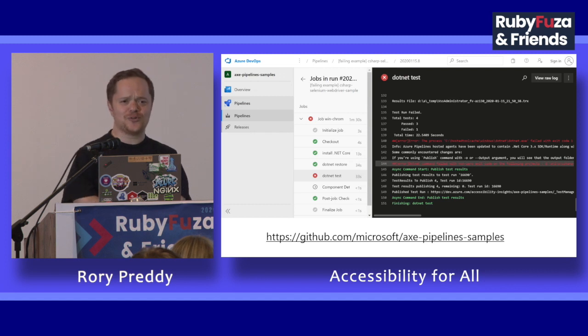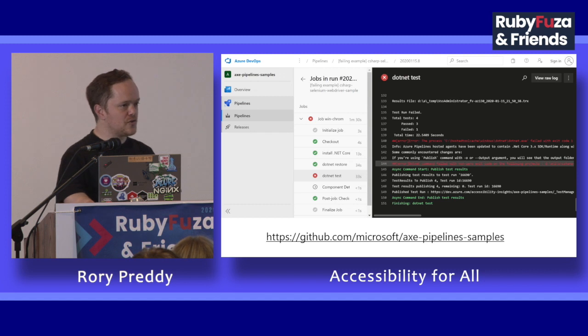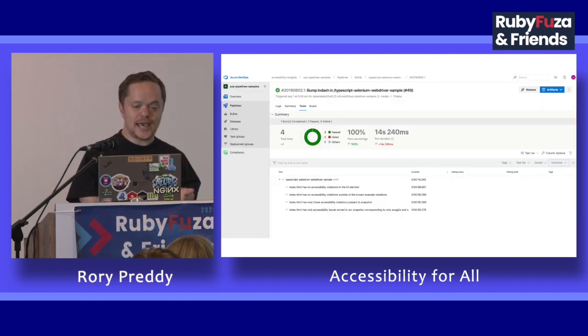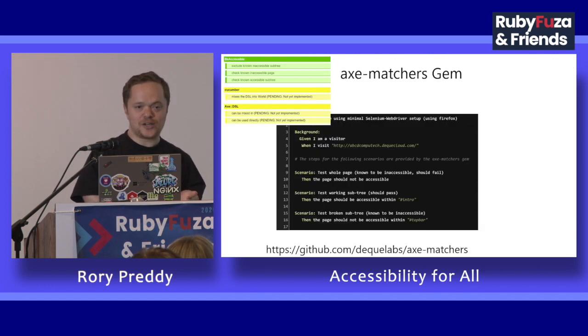But we're at a Ruby conference. Yay, Ruby! And we want to know how to do this in Ruby, right? So I introduce you to the axe-matchers gem. The axe-matchers gem uses BDD and can actually test using the same axe-core engine as part of your Selenium, your Cucumber, and any of your core tests.